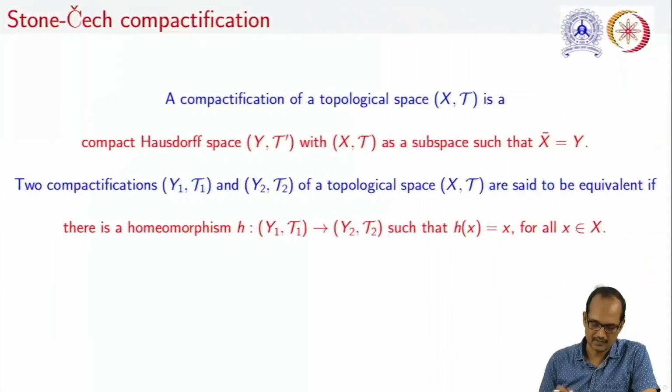In case there is more than one compactification, can we say that these compactifications are equivalent? Answer is yes, and that is given here.